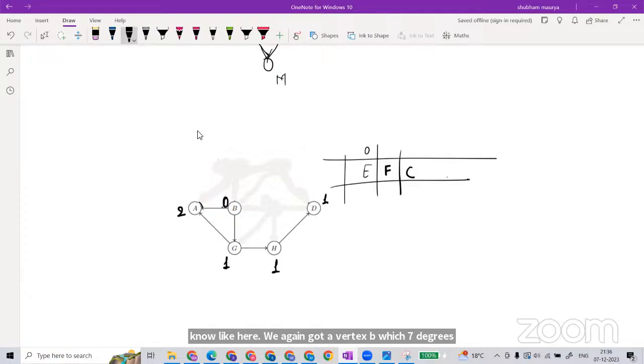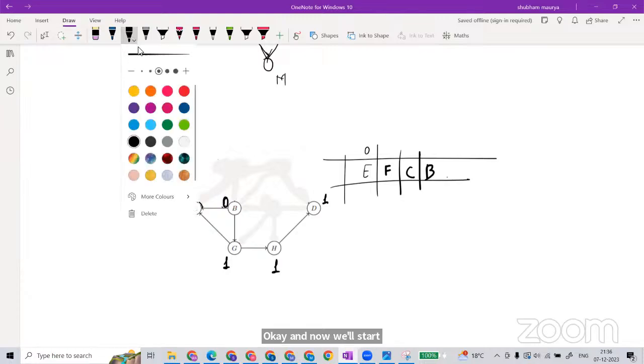Okay, so now it is time to remove that. Let's sort out this vertex B here. Now we'll start removing. Once we remove this vertex, the outgoing edges will be removed.